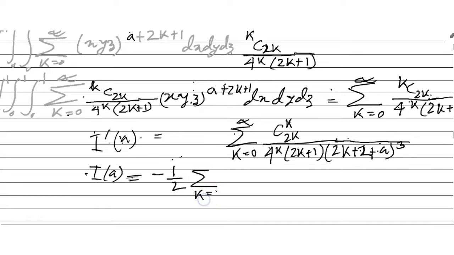summation k equals to 0, kc2k divided by 4 to the power k, 2k plus 1, divided by 2k plus 2 plus a whole square.